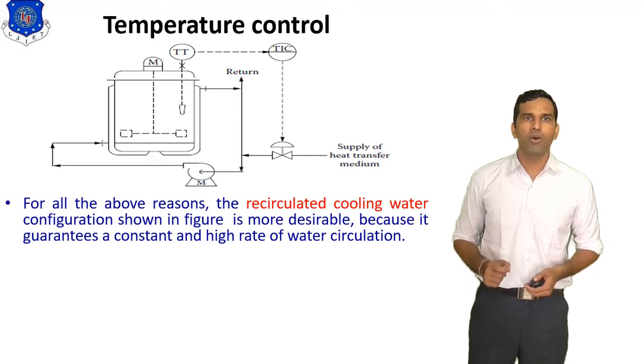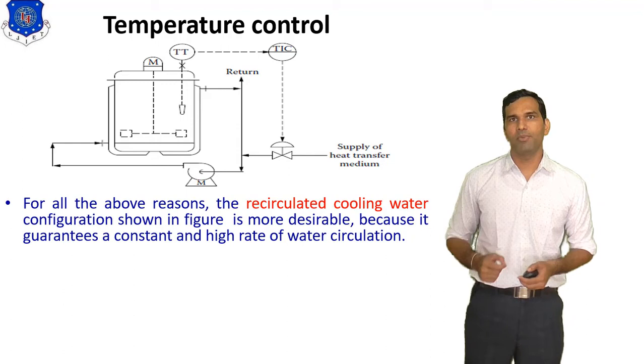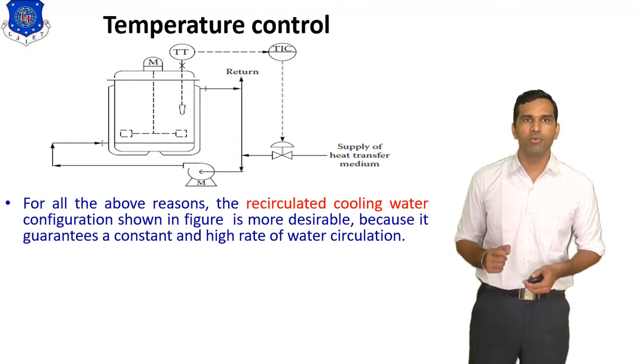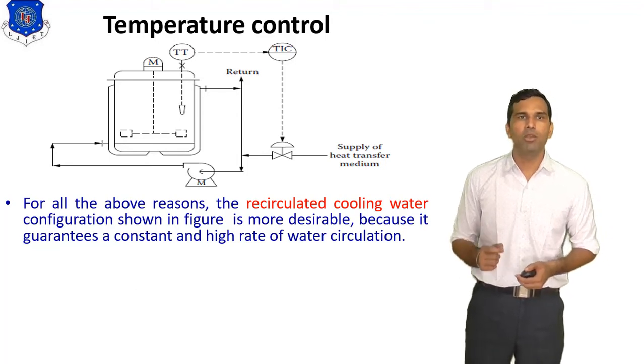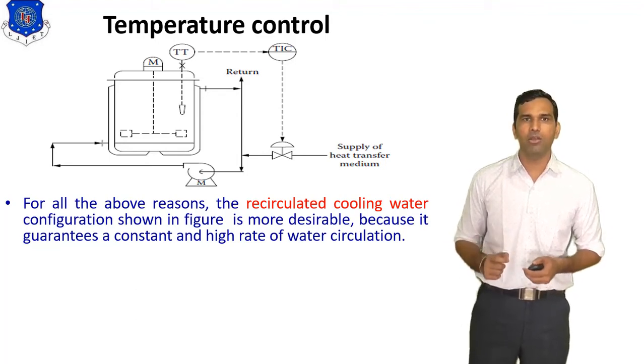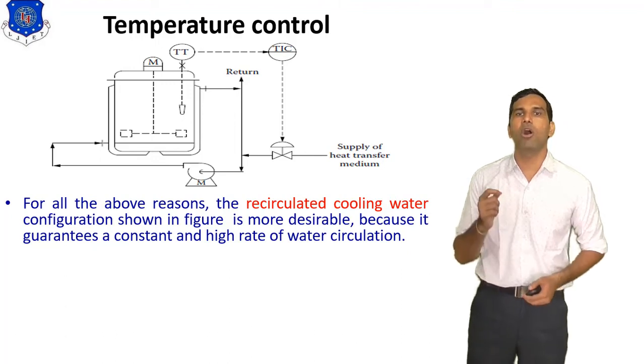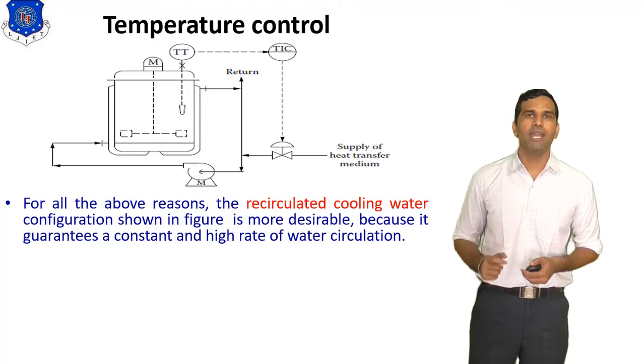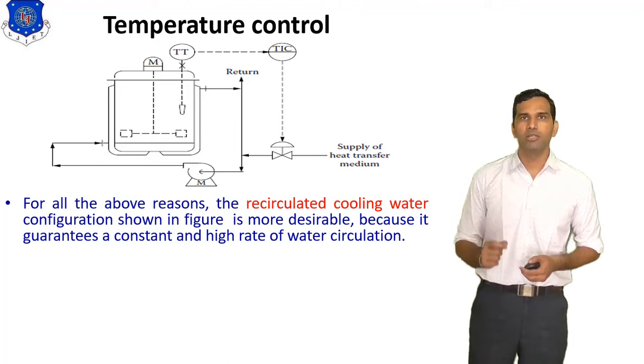For all the above reasons, the recirculating cooling water configuration shown in the figure is more desirable because it guarantees a constant and high rate of water circulation. This is the main advantage of this method.